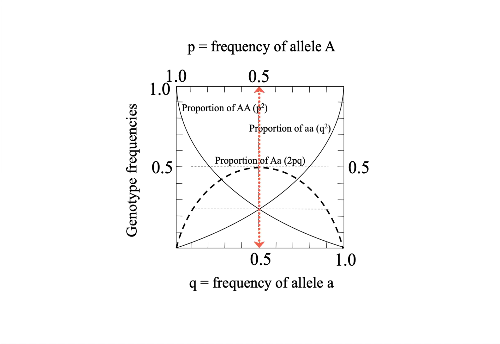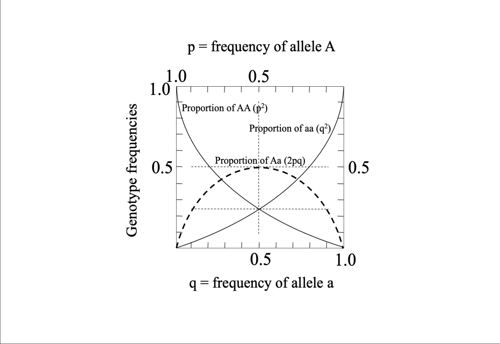At equilibrium, where each allele is 0.5, you can see that the proportion of each homozygote is 0.25, and the proportion of the heterozygote in that population is 0.5.